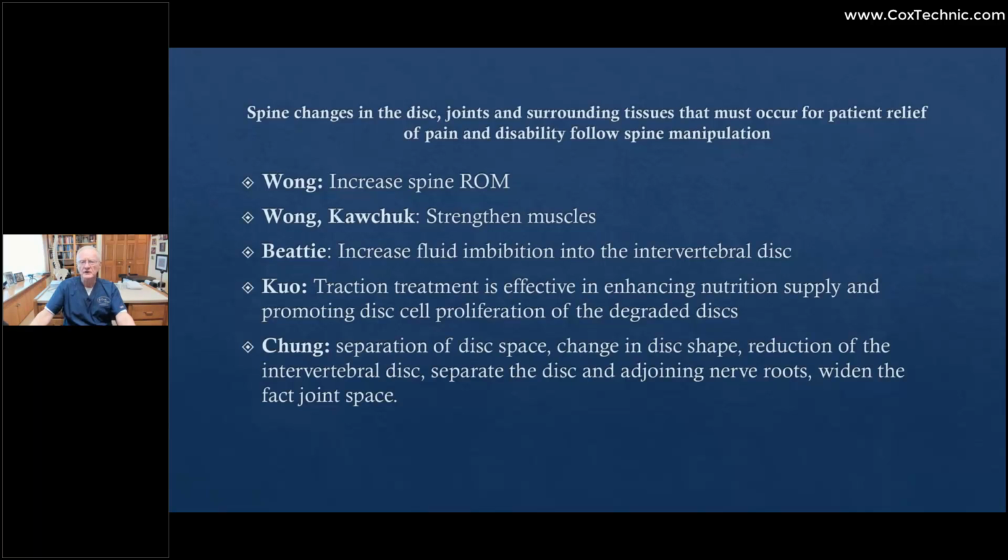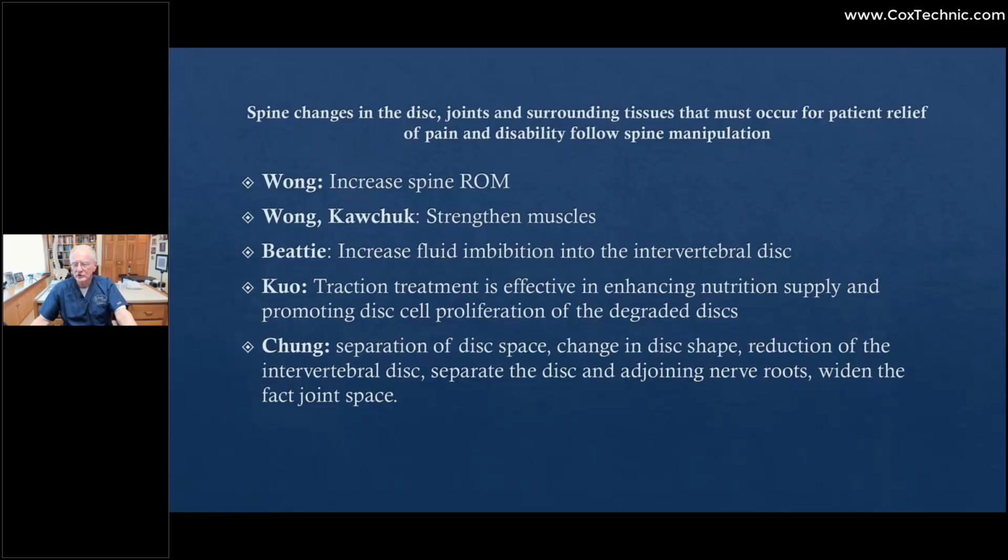When you think that we are putting in chondroitin sulfate in the form of Perna canaliculus, the highest source of glycosaminoglycan known today. So as Kuo says, distraction treatment stimulates circulation, as do Beatti, Wong, Kochuk. As we treat, think about the nutrient supply to lower chemical inflammation, enhance chondrocyte activity.